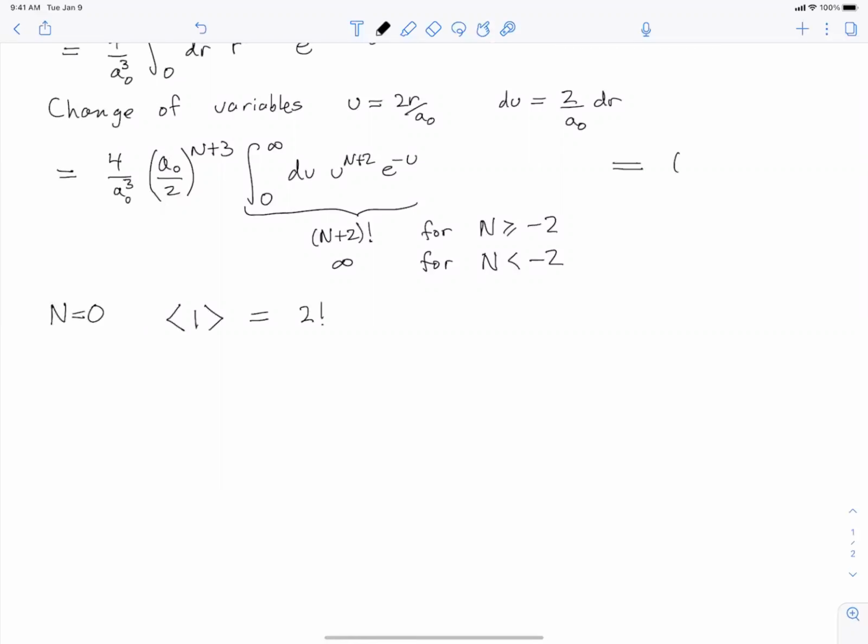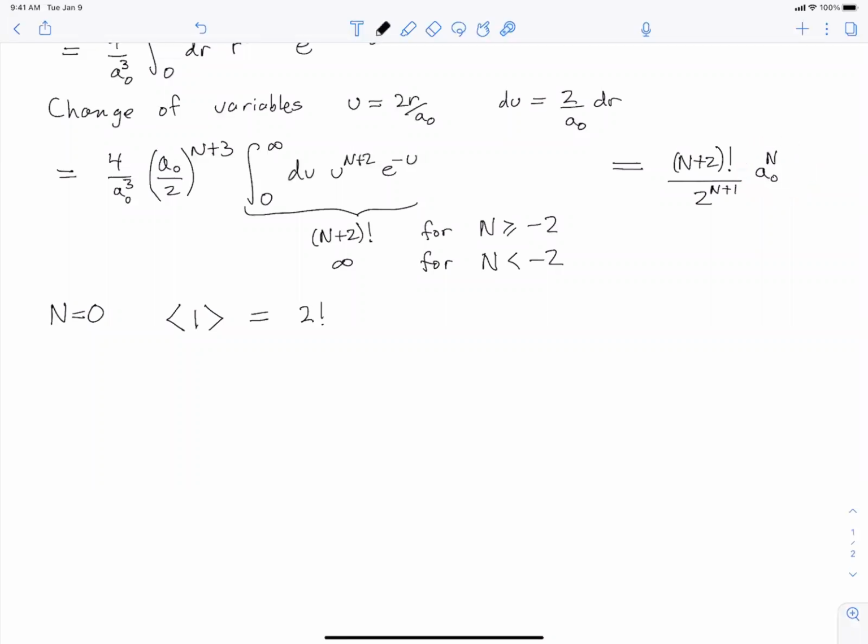So this is going to be n plus 2 factorial over 2 to the n plus 1 times the Bohr radius to the nth power. So as a check, since we're calculating the expectation value of a radius to the nth power, this should be a distance to the nth power, and indeed it is. So that's a good check.